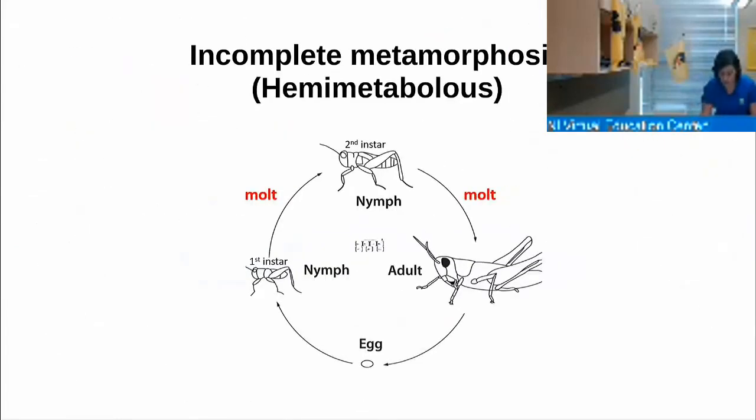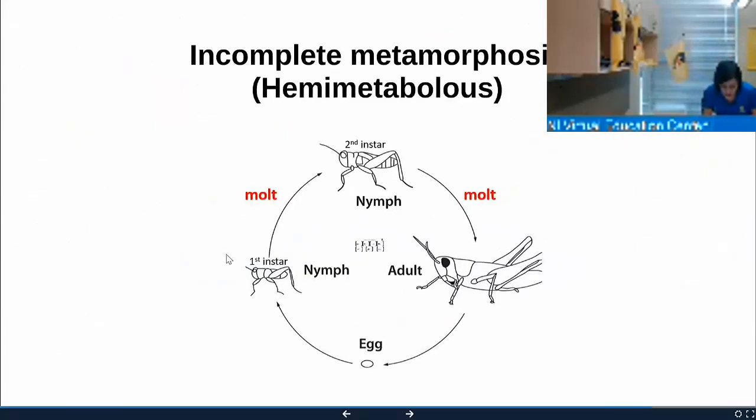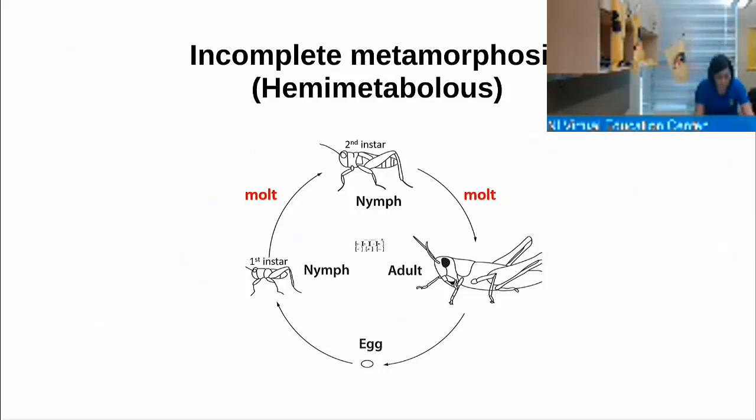Incomplete metamorphosis. So from the egg, it hatches the nymph of first instar, so our first nymph. This nymph will have to grow for what we call second instar, it will molt, until it becomes adult.